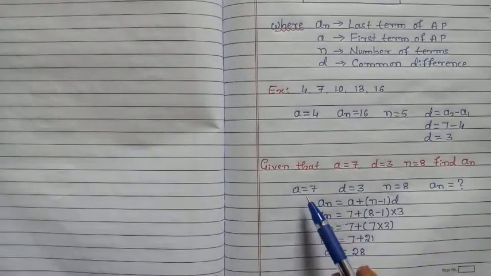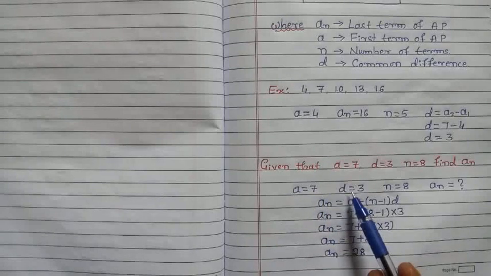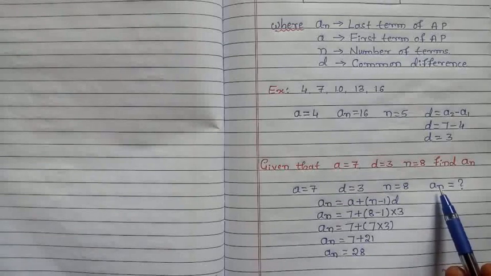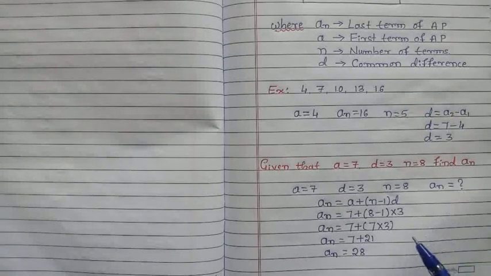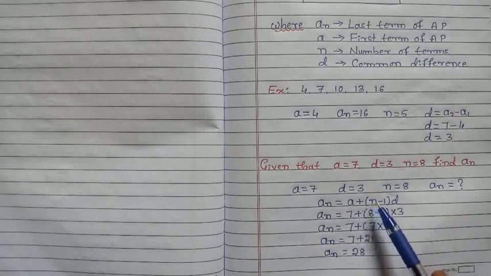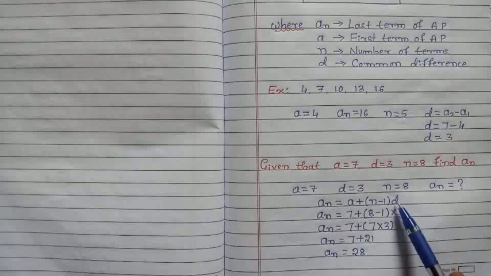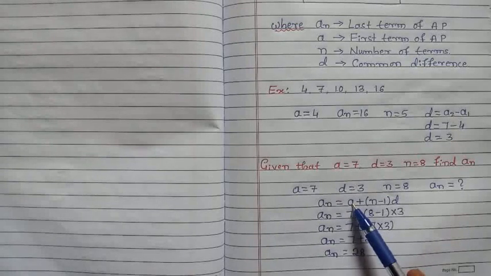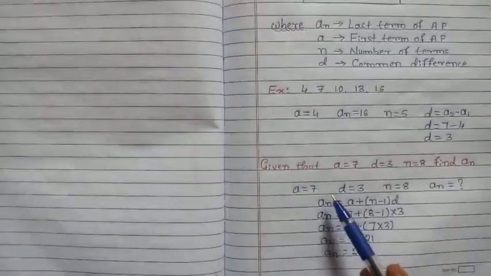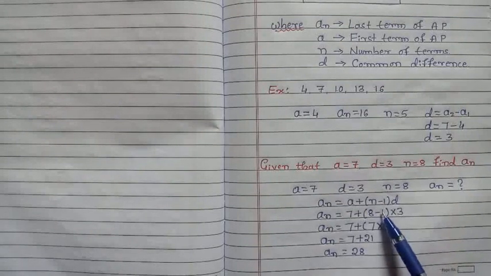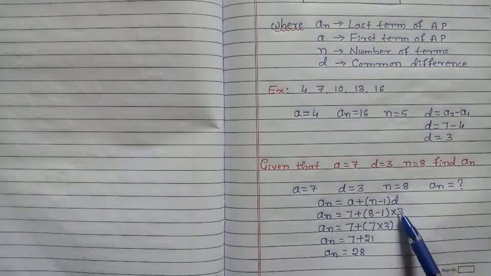Listen here. a = 7, d = 3, n = 8, and we have to find the value of an. By using the formula an = a + (n - 1) d, the value of a is 7, plus n - 1 is 8 - 1, into d, which is 3.